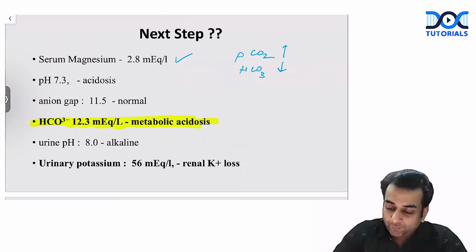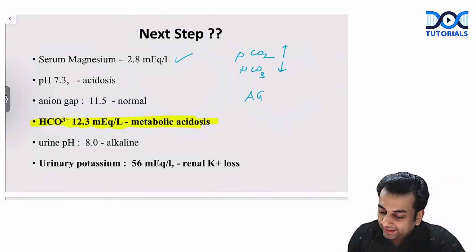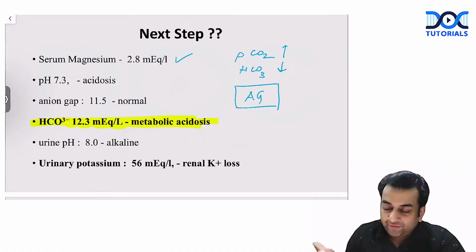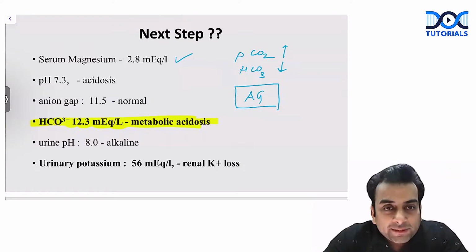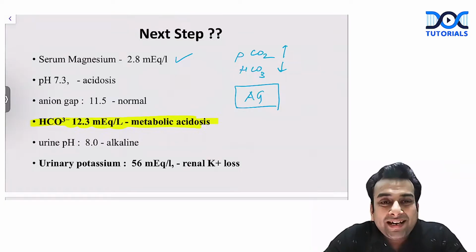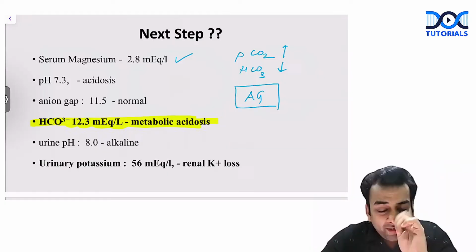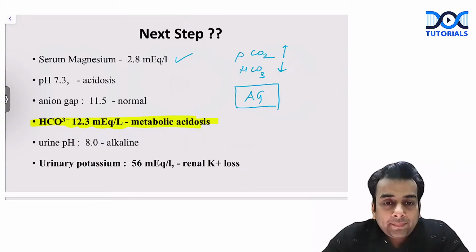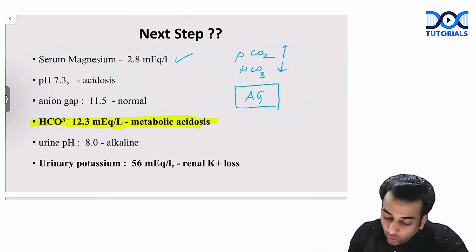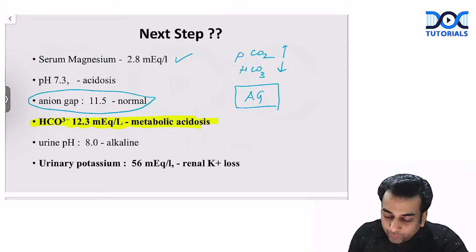Whenever you get a metabolic acidosis, your next task is to delineate the anion gap. You know the formula of anion gap. Anion gap is sodium plus potassium minus chloride and bicarbonate. Whenever you get metabolic acidosis, you need to calculate the anion gap. So here you had a normal anion gap, which was only 11.5.